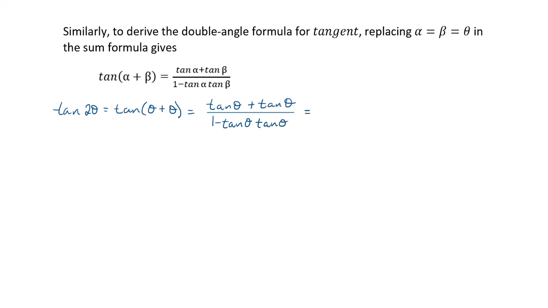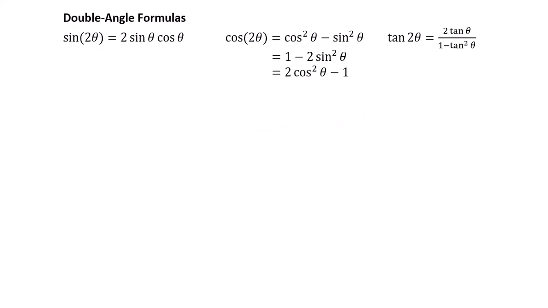Now, tangent theta plus tangent theta is 2 tangent theta. And on the denominator, it simplifies to 1 minus the tangent squared of theta. So here is the collection of all of the double angle formulas for sine, cosine, and tangent.